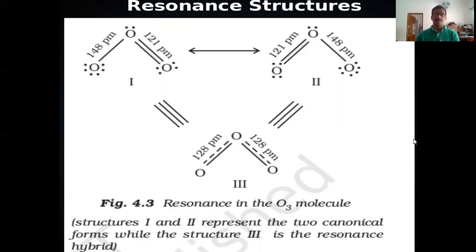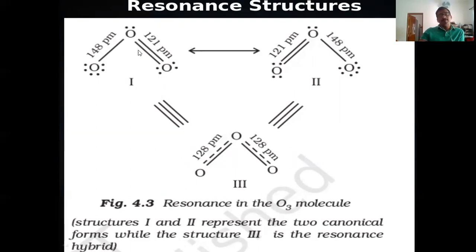Example, ozone. It is not possible to explain the properties of ozone with a single structure. The reason: if you measure the bond length of the O bonds in ozone using advanced spectroscopic methods, we can identify it is 128 picometer.